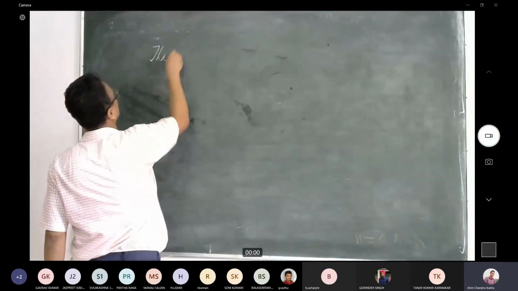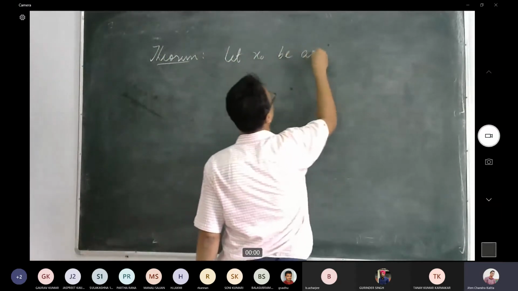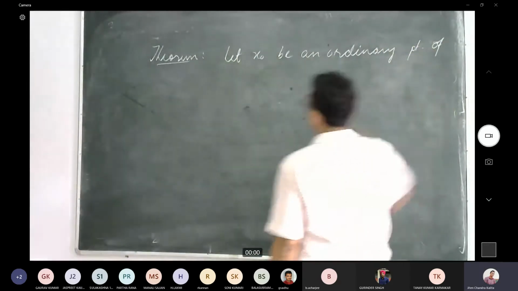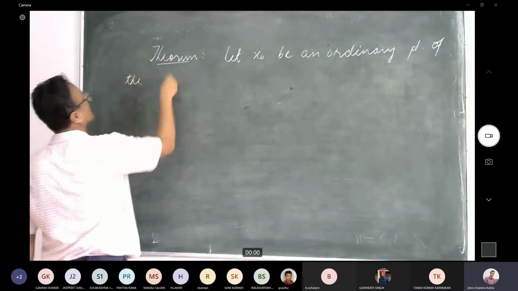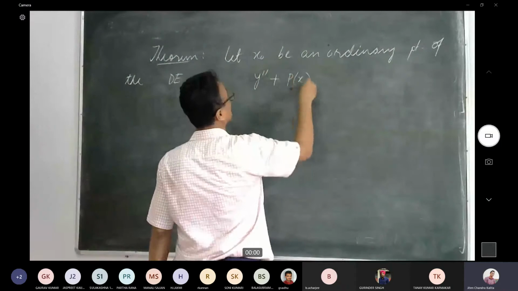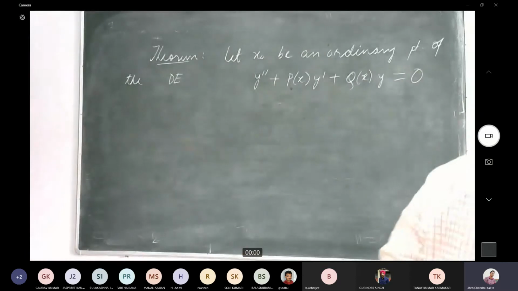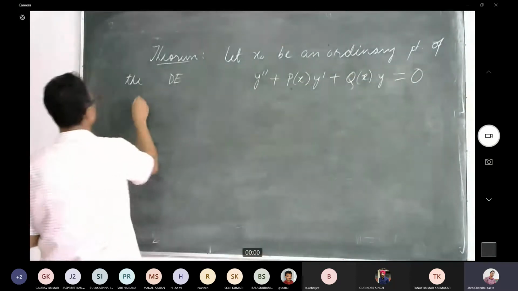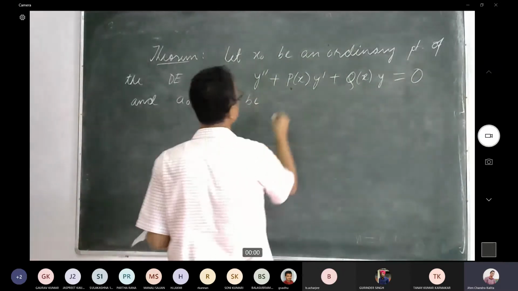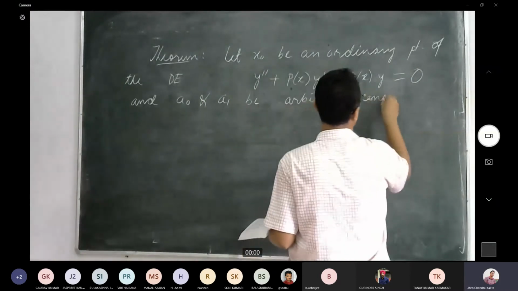Okay, so the theorem. Let x naught be an ordinary point of the equation y double prime plus P(x) y prime plus Q(x) y equals 0, and let a naught and a1 be arbitrary constants.